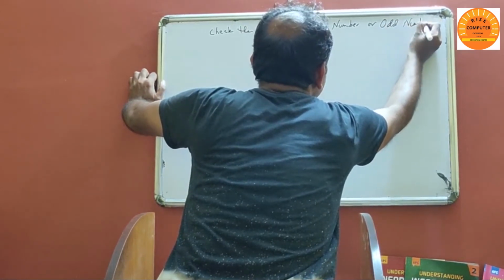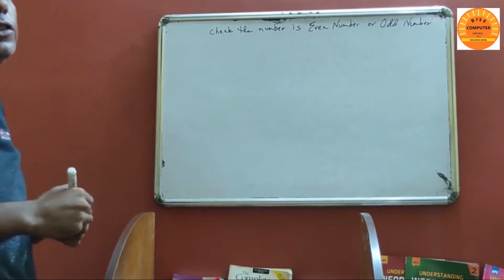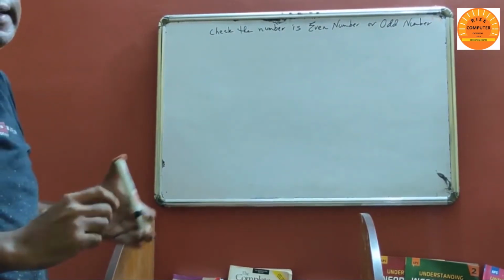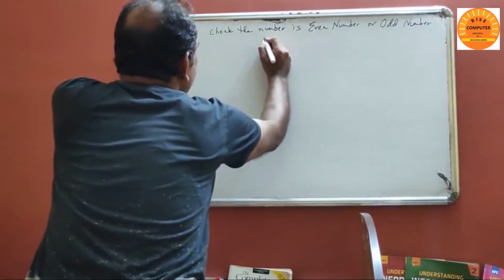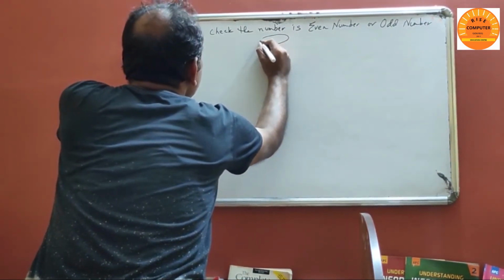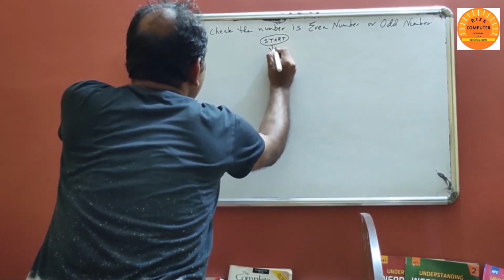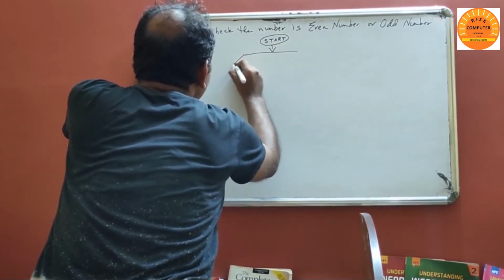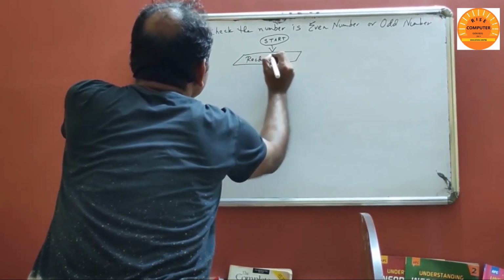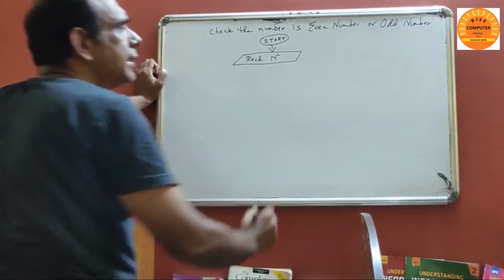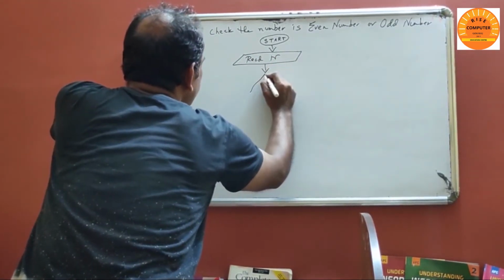That means the user will give a number and we have to check whether the given number is an even number or an odd number. So first start, with n as the number, then use the decision box.